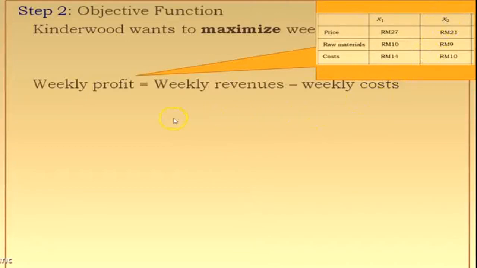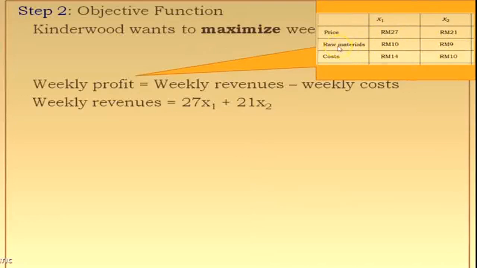Thus, weekly revenues is 27x1 plus 21x2. The weekly costs come from the cost of raw materials, labor and overhead costs. We gain the information from these two rows.